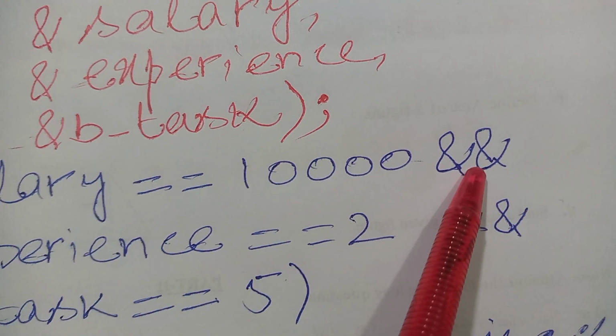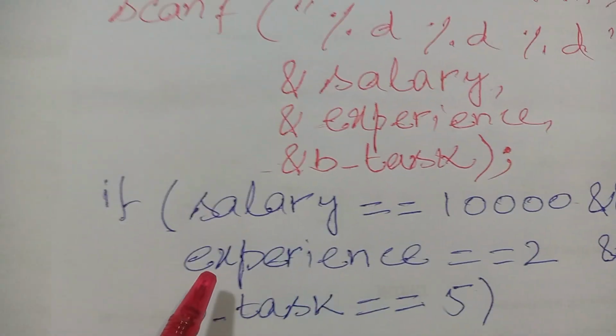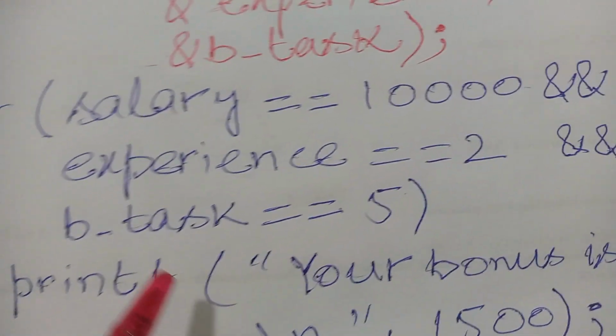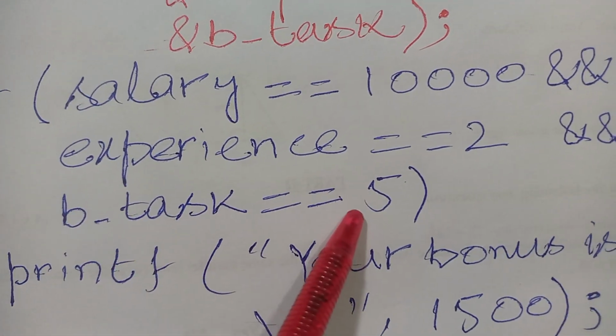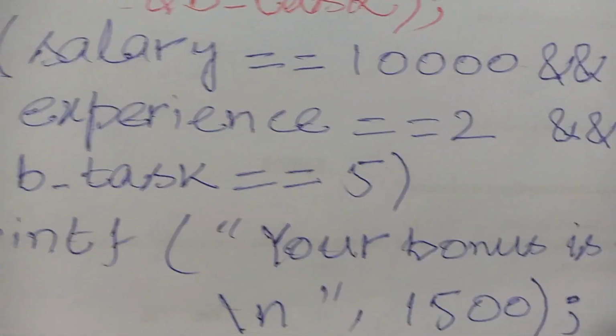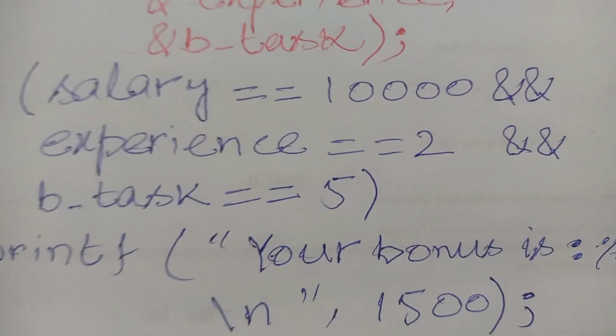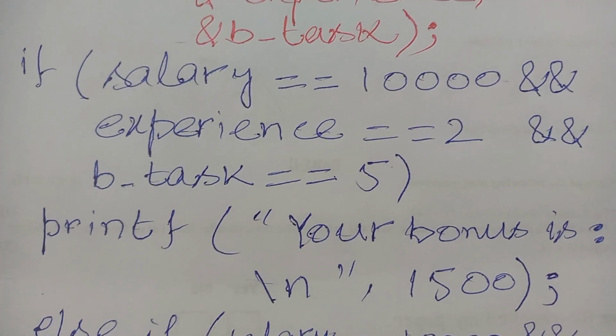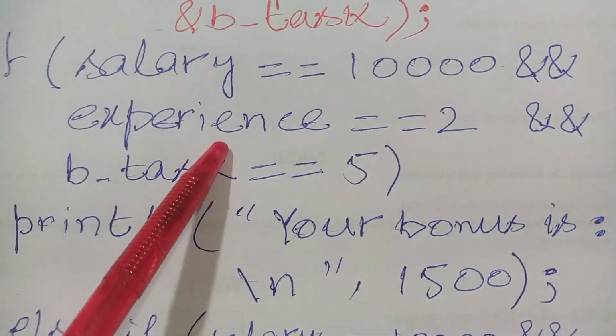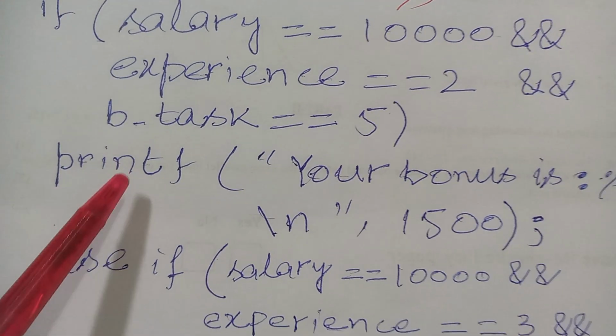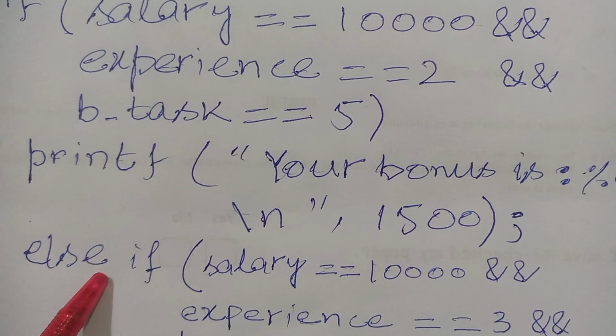After that, the logical AND operator is used. Experience equals 2 and bonus task equals 5. So these three sub conditions join to make a compound condition. If all the conditions are true, then this statement will be executed, else the other condition will be tested.